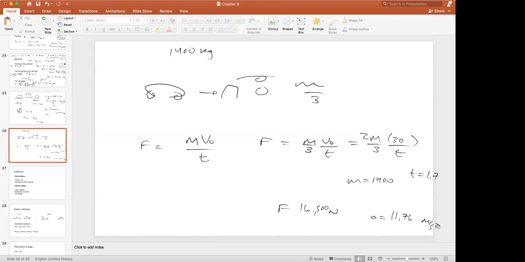The initial momentum is 1,400 kilograms times 30 meters per second. Because a third of the mass flies away, it only needs to change 2/3 m v naught. It only needs to bring that to 0. So the impulse that's supplied only needs to stop that much.